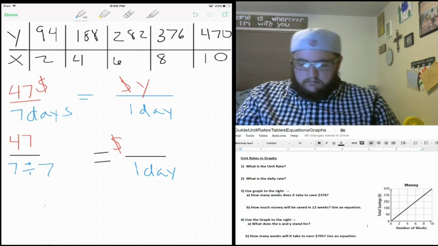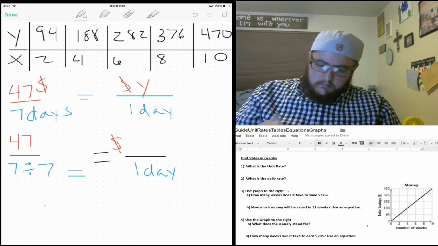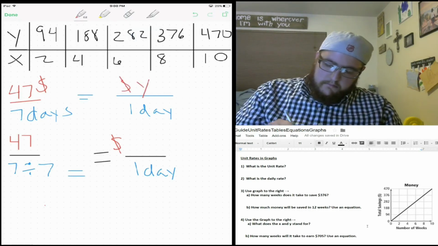So in order to change it to 1 day from 7, we'll do 7 divided by 7. But remember that what we do to the denominator, we must also do to the numerator.